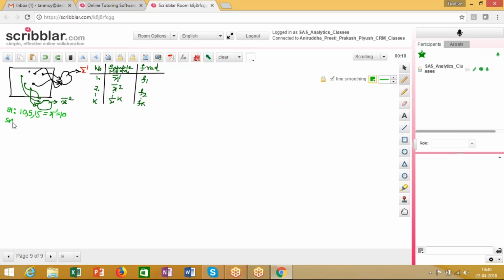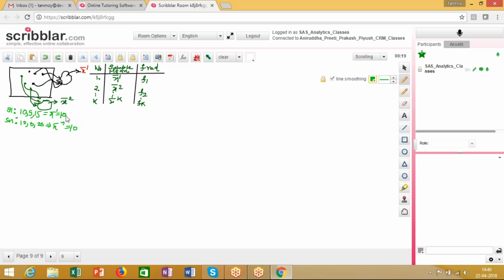Now say that I'm collecting the nth sample. Over there what I have is 10, 0, and 20. X1 bar of the nth sample is also 10, right?